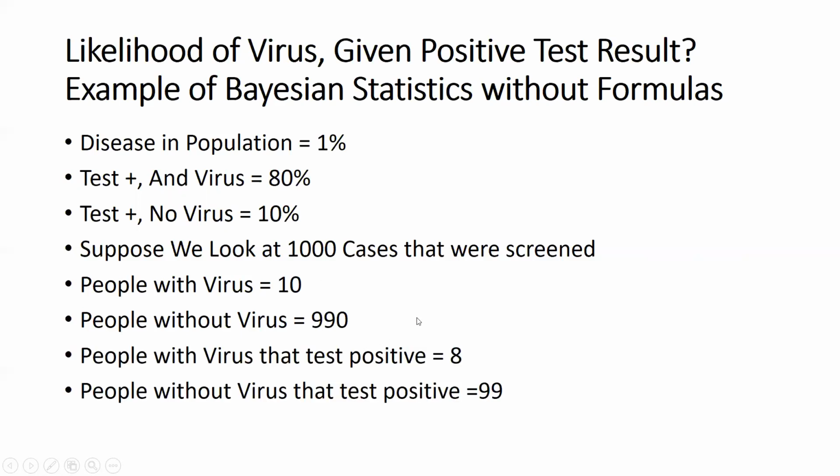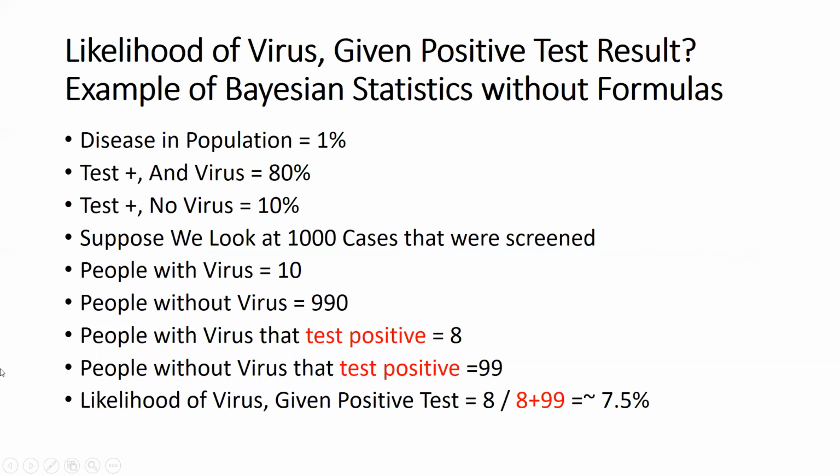Therefore, if we look at the numbers, the people with the virus that test positive are 80% of 10, that's 8 people who actually have the virus and test positive. And of the 990 people without the virus, 10% are going to test positive. That is 99 people that actually do not have the virus and test positive.